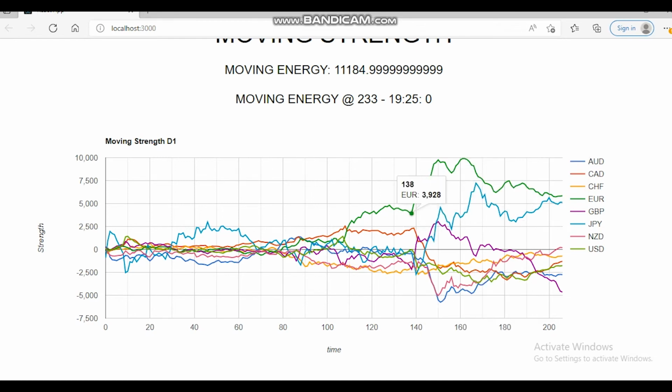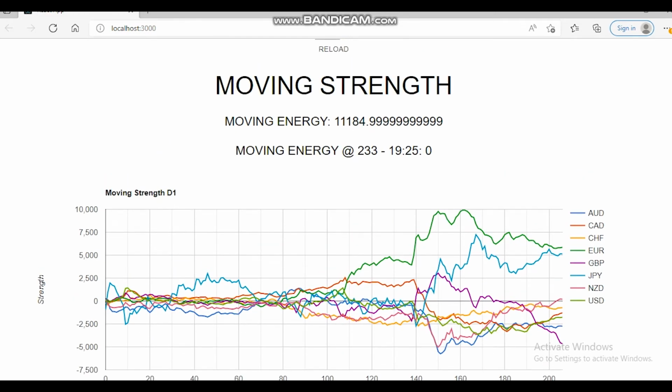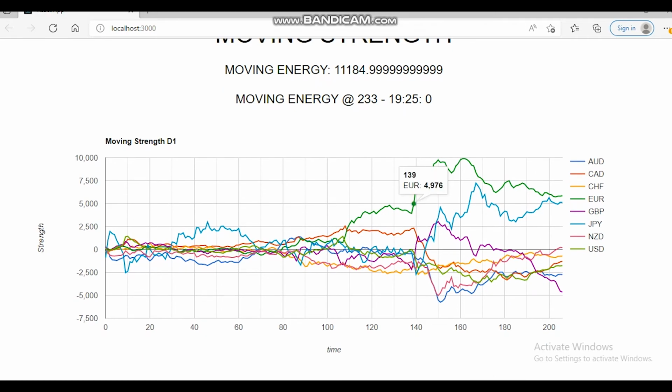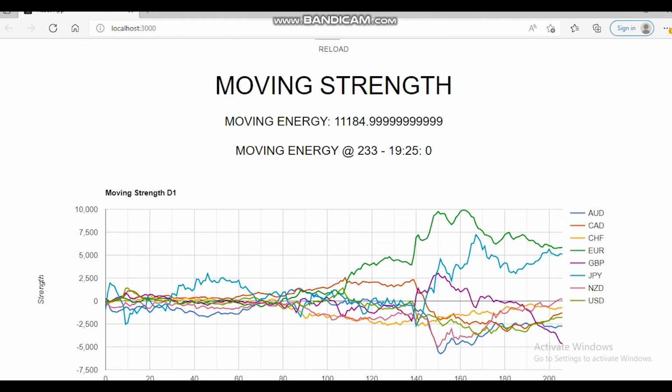So in my case, this is just the pip movement, nothing special. Yeah, but this is for each currency, right? You can find a way to represent your support and resistance lines. Maybe another example I can give is there's this value that I use.